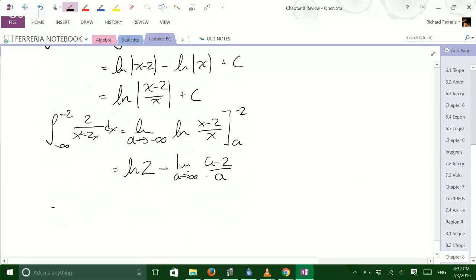Sorry, negative infinity. I did forget the natural log. Could you keep it as ln x over x before you did that? Like take away the negative 2? I probably wouldn't do it that way.